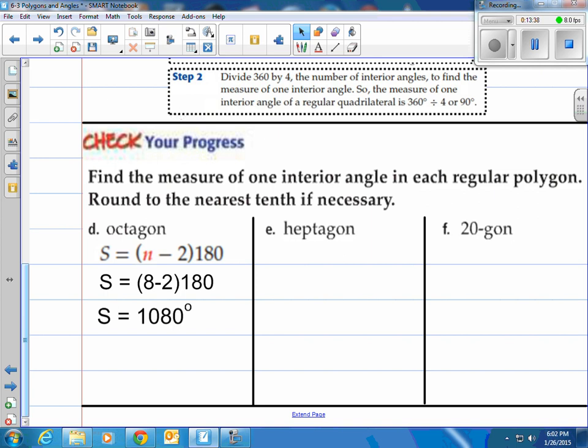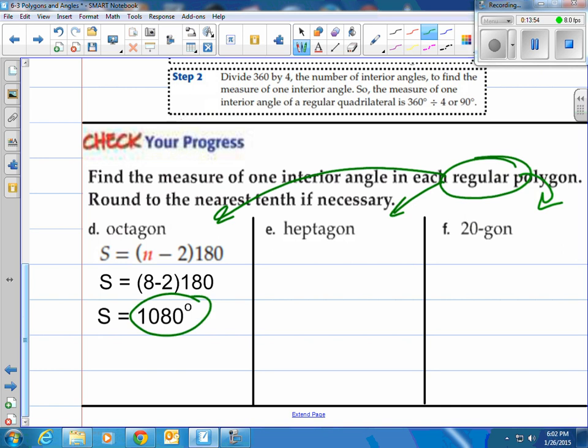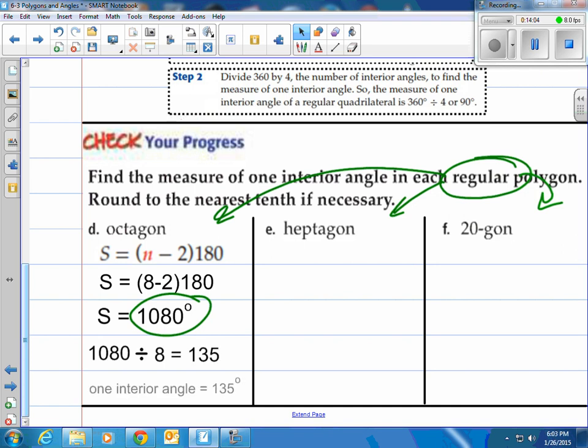If it's regular, like they say here, these are all regular polygons, which means the sides are the same length and the angles are the same measure. That means we have to split up the 1,080 degrees into 8 equal parts. So all we do is divide by 8. And when you divide by 8, you get 135 degrees. So one interior angle is 135 degrees.